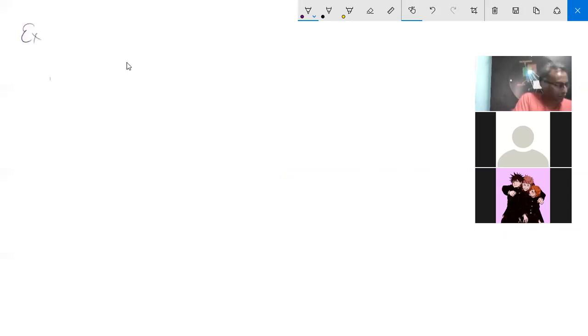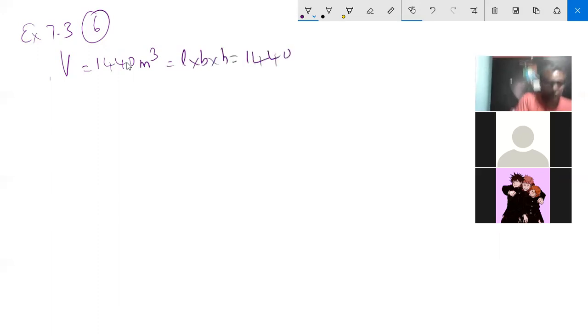Exercise 7.3, 6 sum. Volume of a container is 1440 meter cube. Now that is equal to L into B into H is equal to 1440. Now he is telling length and breadth are 15 and 8. That means 15 into 8 into H is equal to 1440. Find its height.